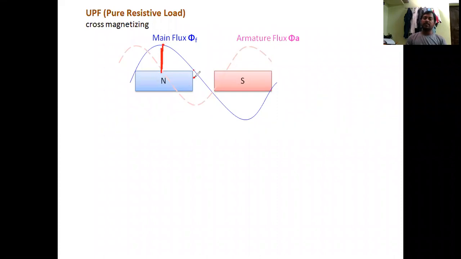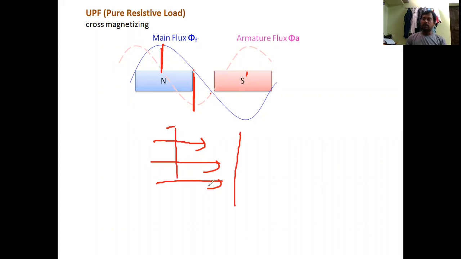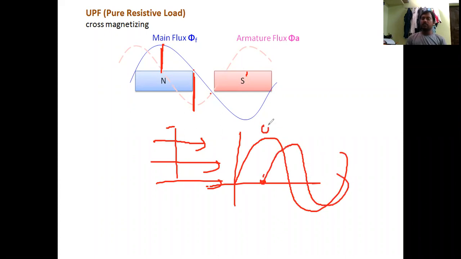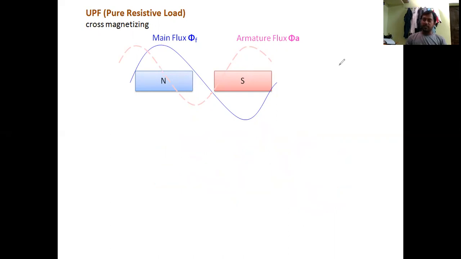That effect is called cross magnetization effect. The field flux is generated like this, and after that, the armature flux is generated like this. So this is phi f and this is phi a. The phase shift between these two fluxes is 90 degrees. That's why this effect is called cross magnetization effect.